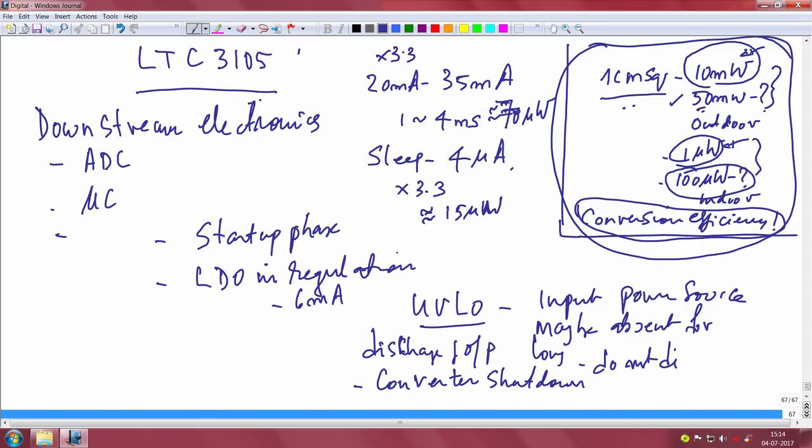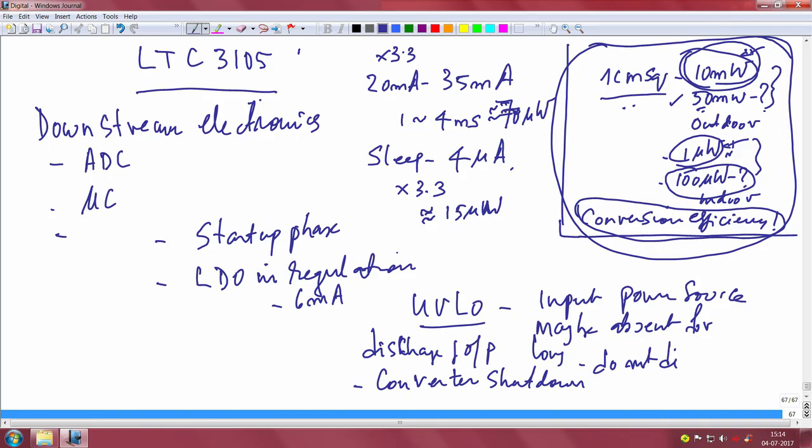My estimations have not gone wrong, because I have considered only something like 10 milliwatt for a 1 centimeter square panel for outdoor, and I have gone up to about 10 microwatt for all the indoor applications. Alright, this is one part.